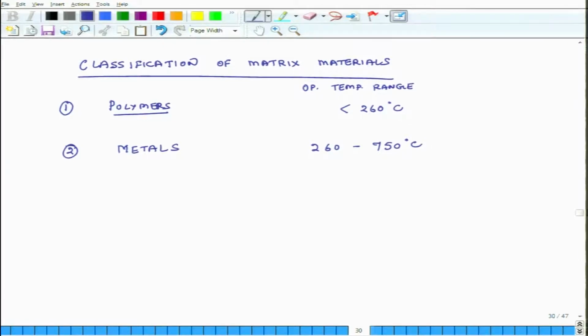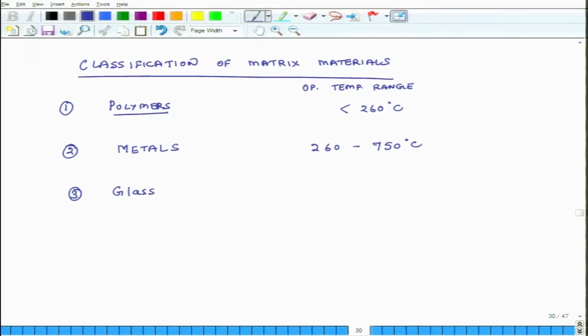A good example of a metal matrix would be aluminum. In some ceramic metal composites, sometimes aluminum is used as the matrix because it is light. Okay. If you have to go even higher than 750 degrees centigrade, think about it, what materials do not break above 750? So, that could be glass.